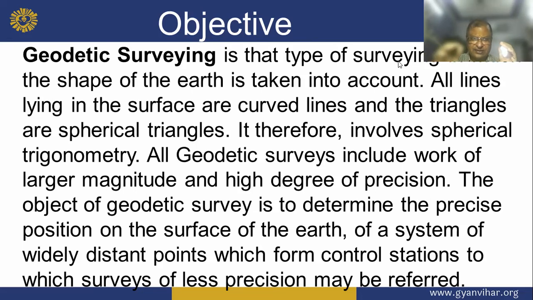All lines lying on the surface are curved lines, and the triangles are spherical triangles, and it therefore involves spherical trigonometry and geometry. So all geodetic surveys include work of larger magnitude and a high degree of precision.